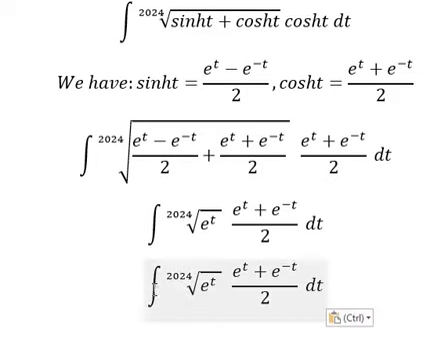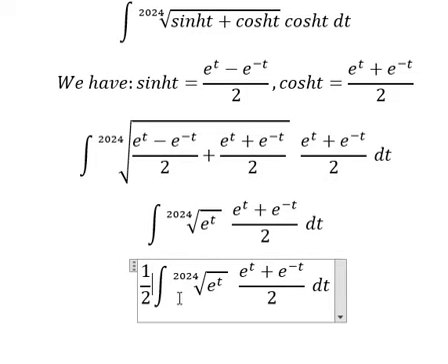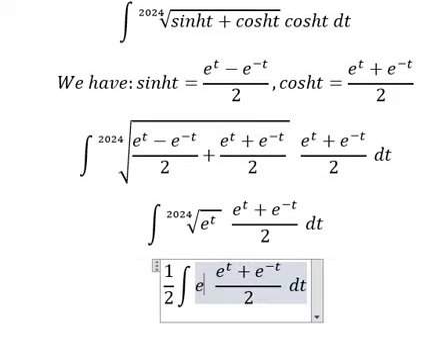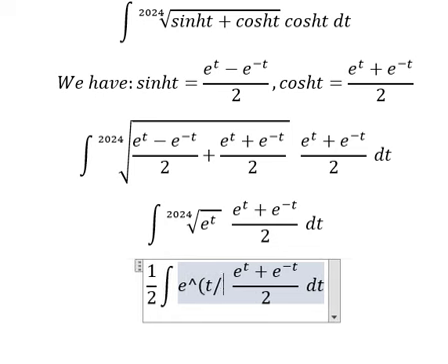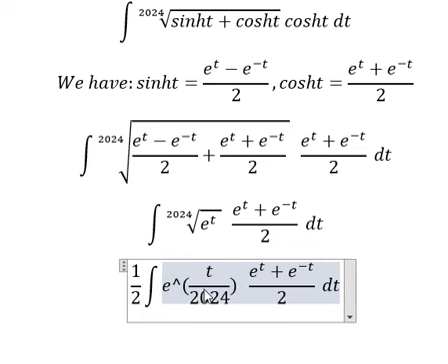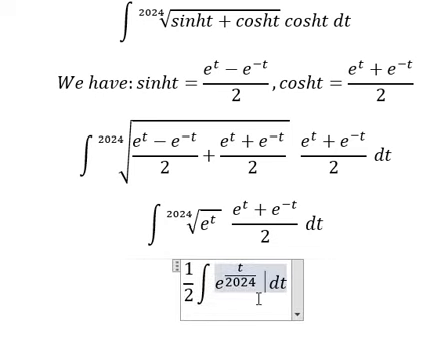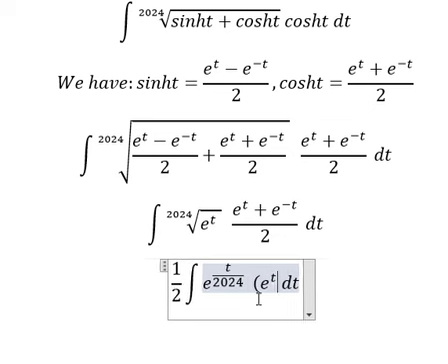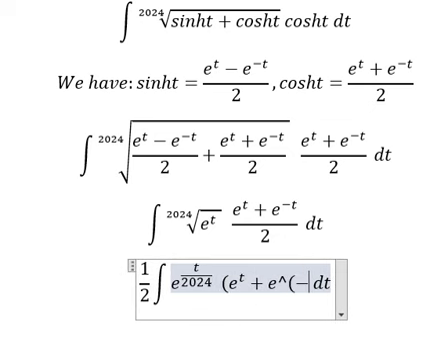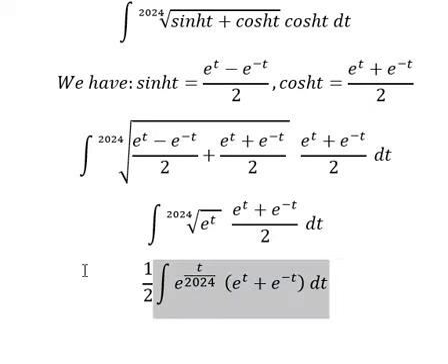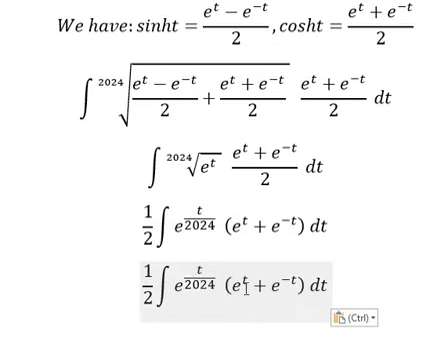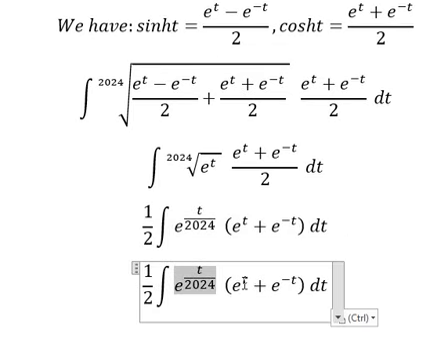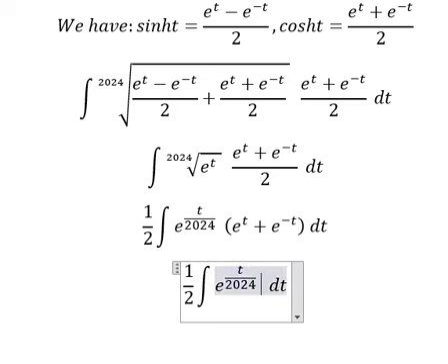So I will put number 2 outside. This one we have e to the power of t over 2. Now this one is multiplied by this one and this one, so we have like this.